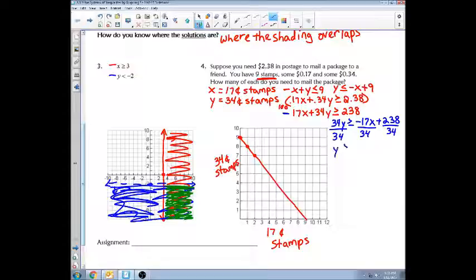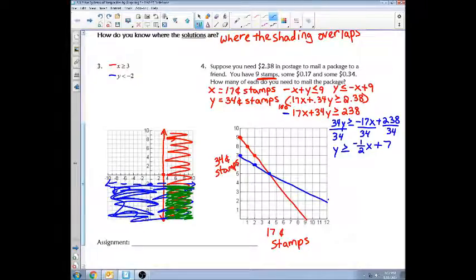So y is greater than or equal to negative 1/2 x plus 7. Now that I have that equation, I'm going to go ahead and start at 7. It's down 1, right 2. Down 1, right 2. It is greater than or equal to, so that will also be a solid line.